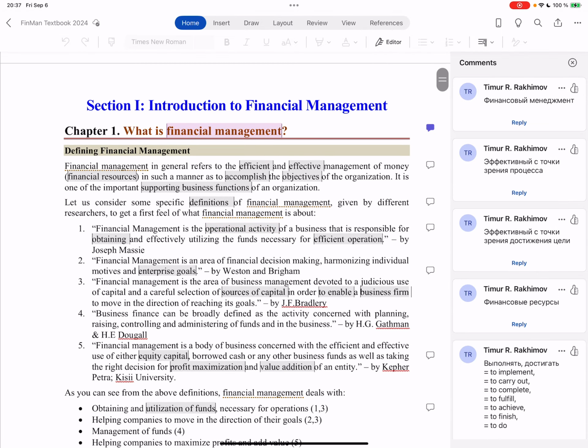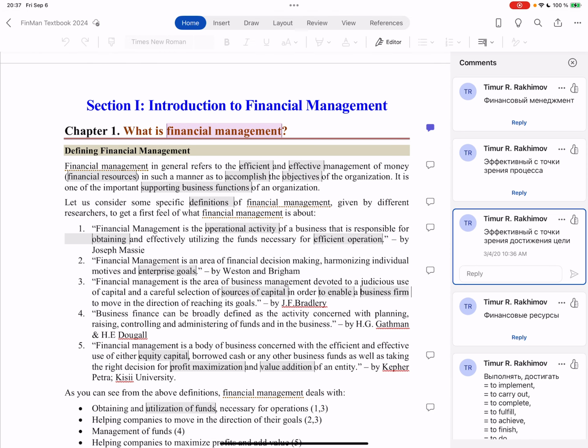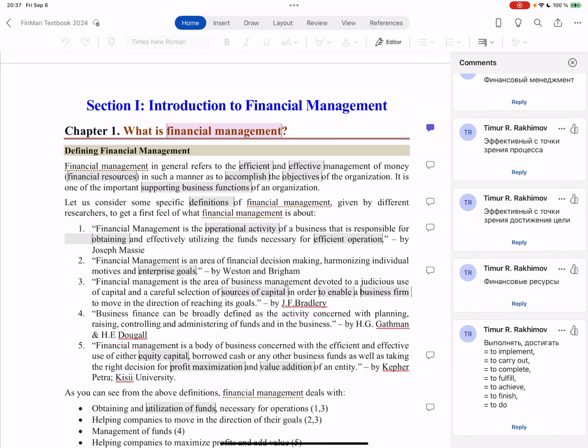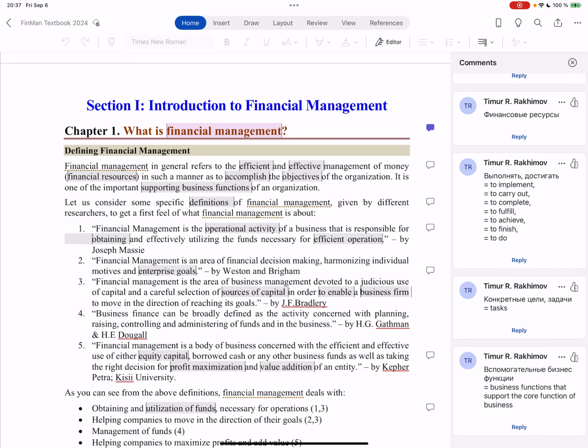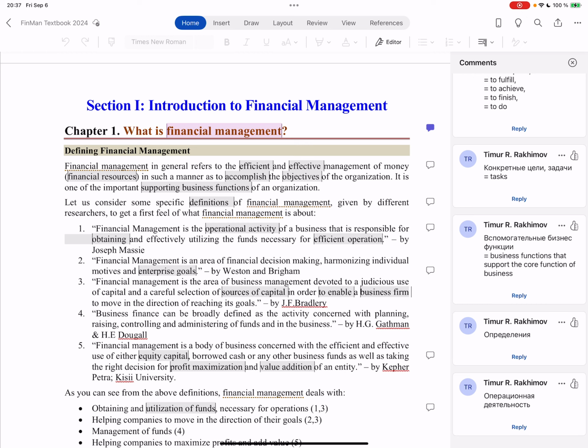You can press on any of these terms and it will give you the translation in the textbook. So it's better to use your computer as you read. Consult the translations of this terminology, which you will need for the class.